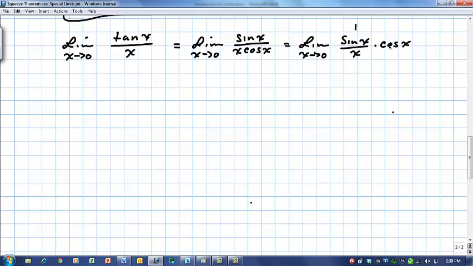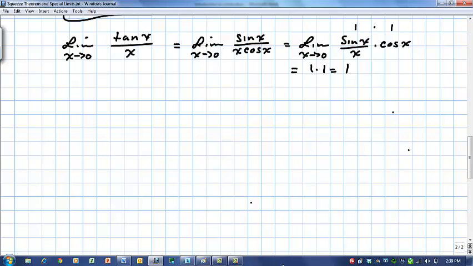And the limit of the cosine of x, if I plug in the 0, cosine of 0 is 1. So according to our rule that the limit of a product is the product of the limits, this limit should just be 1 times 1, or 1.